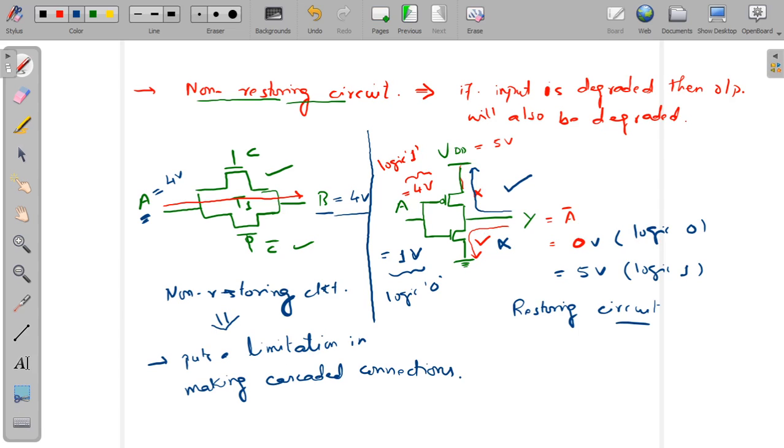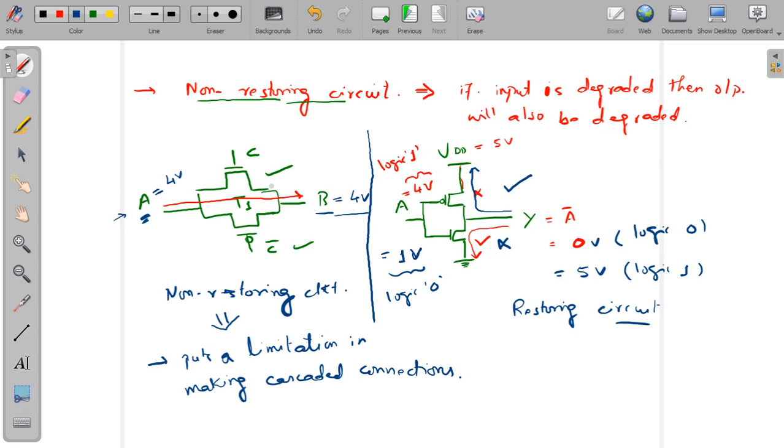Because of this, there is a limitation in how many series connections can be done, because if we assume that the input signal is degraded, then the output will also be degraded.